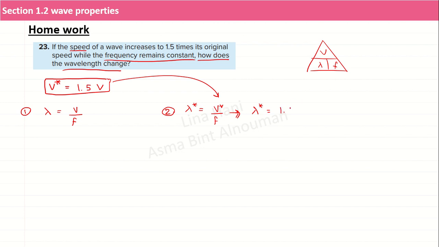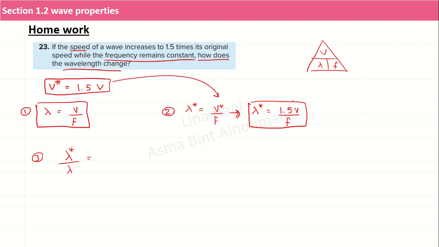So 1.5 times the old velocity, divided by the frequency. There you go, this is the new equation, and this is the old one. Great. So third step is that we need to divide these two over each other, the new one over the old one.